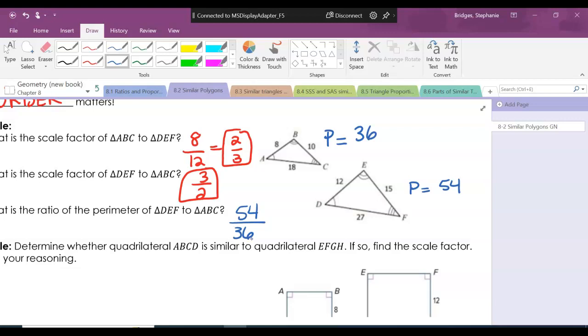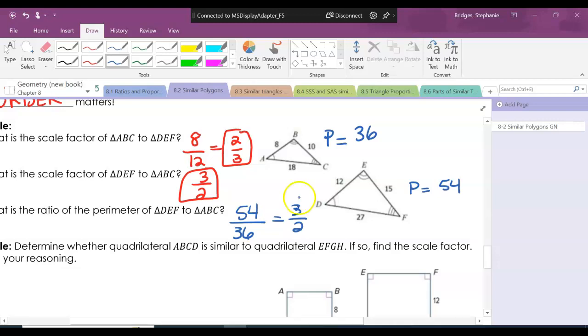What is it? 3 over 2? We got 3 over 2, right?